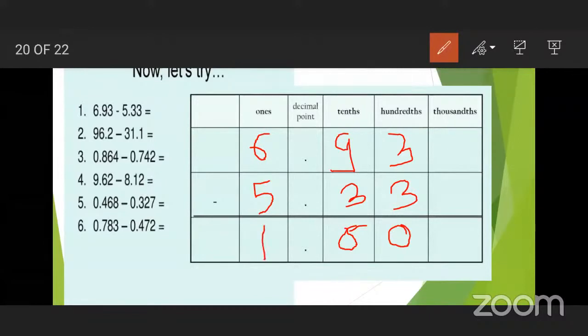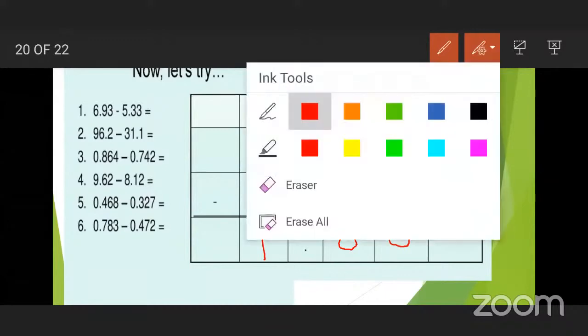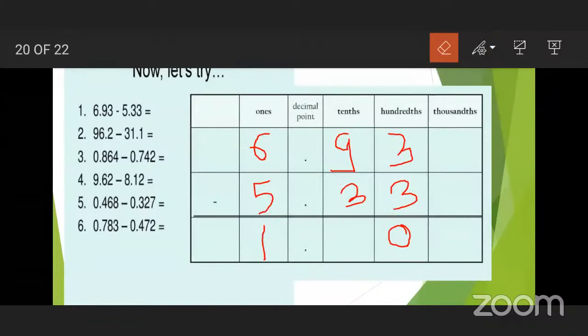So what is the answer? 1.60? Sir, it is not 6, it is like 0. I will write again, okay? Now clear? It's right.